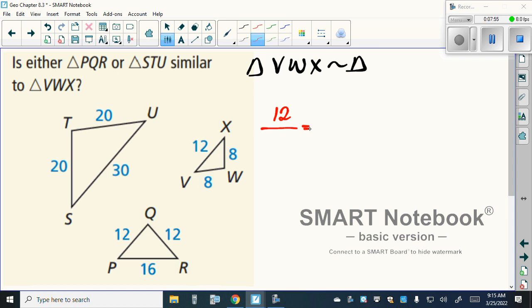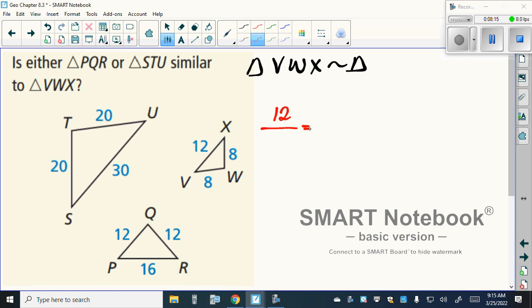And we used the letters on the first one just to get an idea of what we're comparing, how we're connecting these two together. But for the homework, we can really just look at the numbers because we're talking about the side lengths, yes? Comparing the corresponding sides. Do we want to look at STU or PQR first? PQR.